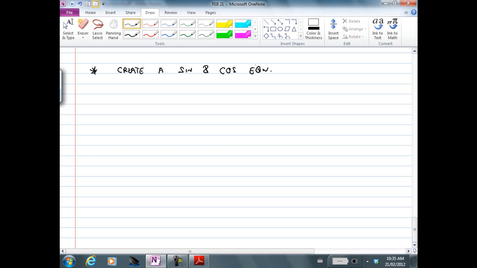Now, I'm going to take away the graph. I'm going to give you the basics of this. It says this. Minimum point is going to be at pi by 4, comma, negative 4.